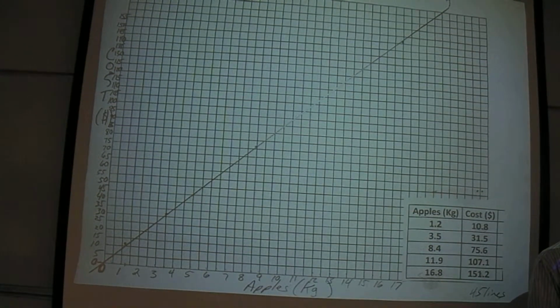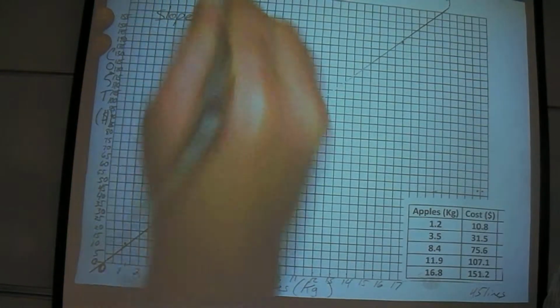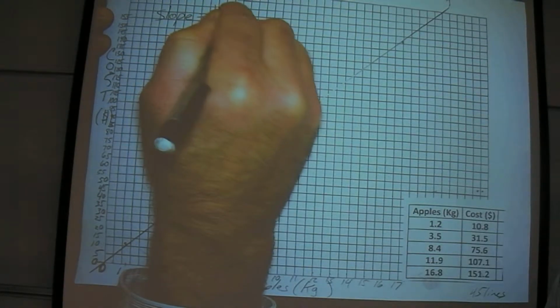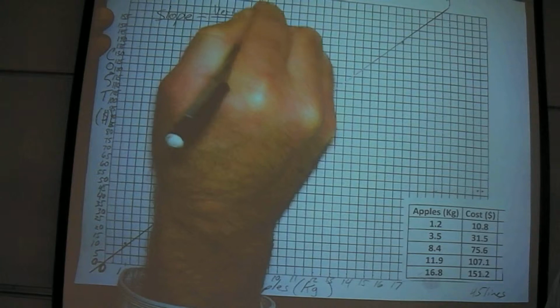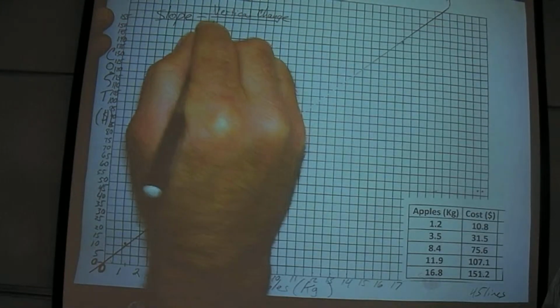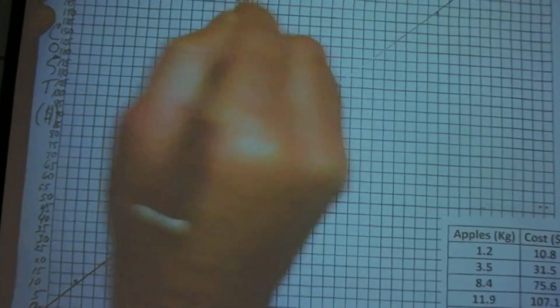Okay, for this session we're going to help you remember how to determine the slope of a line. For the most part, the slope of the line is determined by taking a vertical change on the graph and dividing it by a horizontal change.